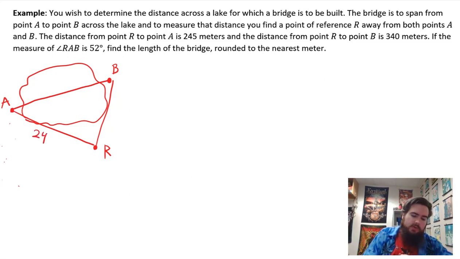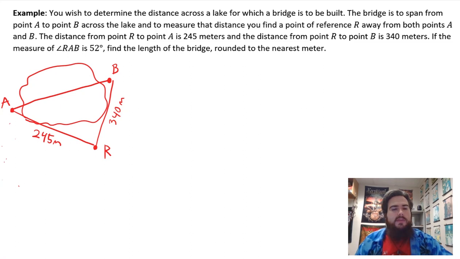So this is 245 meters. And the distance from point R to point B is 340. So this is 340 over here. We are then also told that angle measure RAB is 52 degrees. And we are asked to find the length of the bridge rounded to the nearest meter.